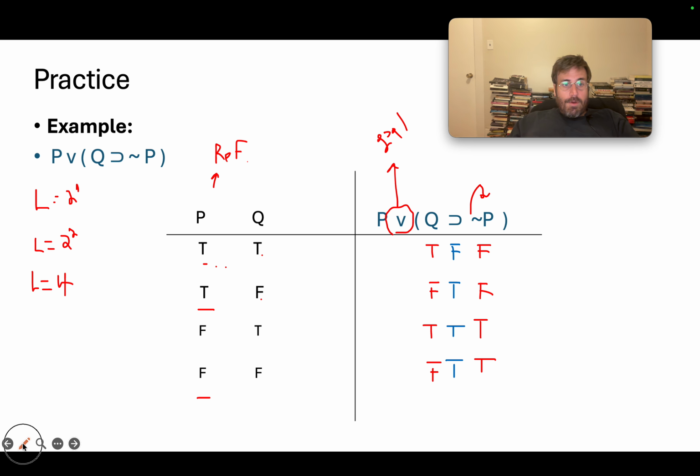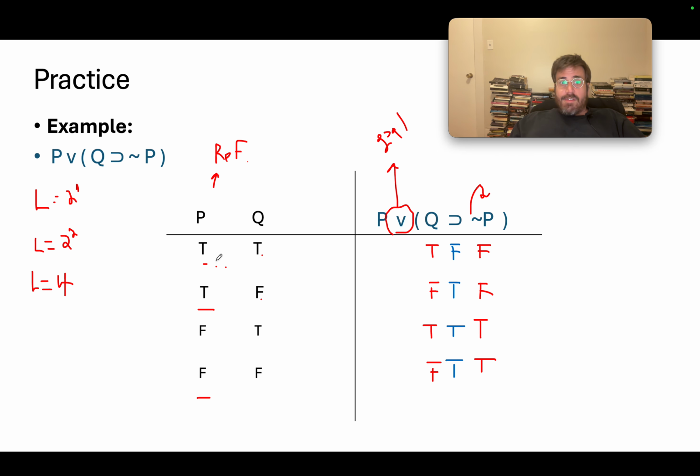The disjunction is not a disjunction of P and Q. It's not a disjunction of P and not P. It is a disjunction of P and horseshoe. So that's the right order of operations. We have to be moving out from Q and not P to horseshoe, and then to the disjunction of P and horseshoe to generate the values for wedge.